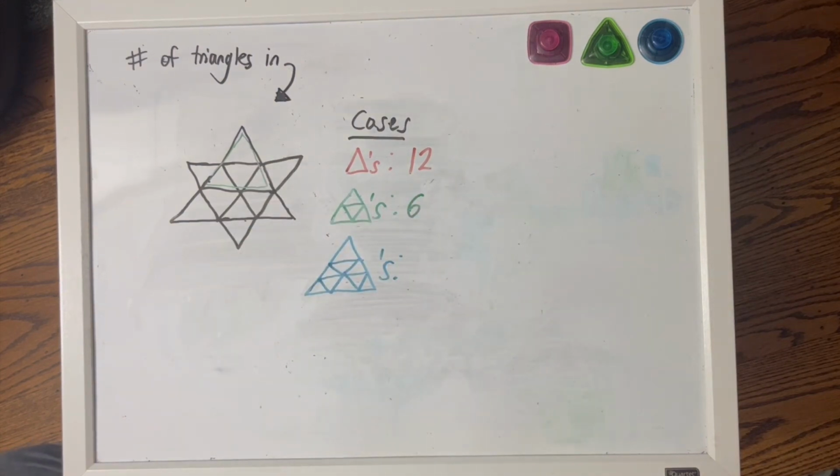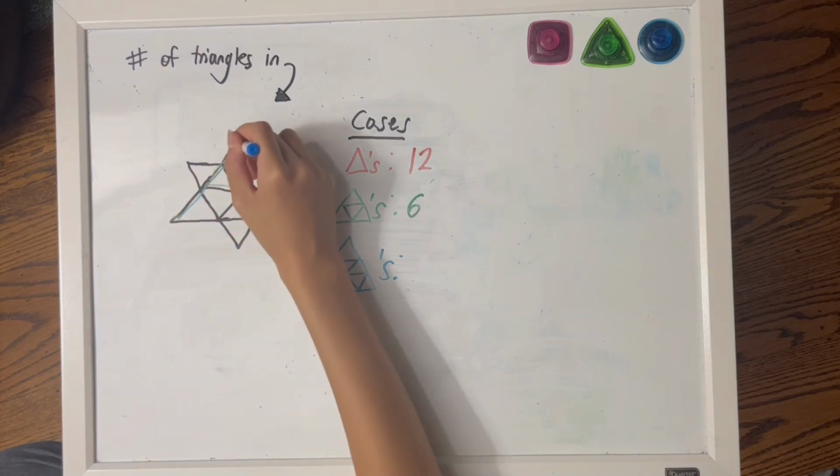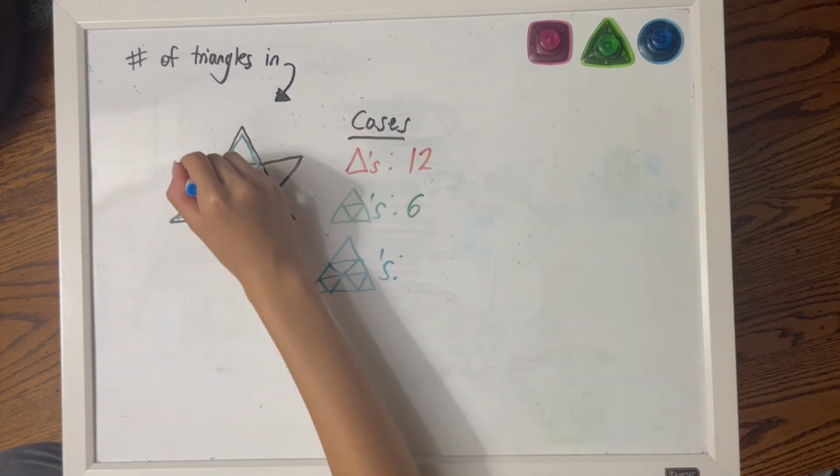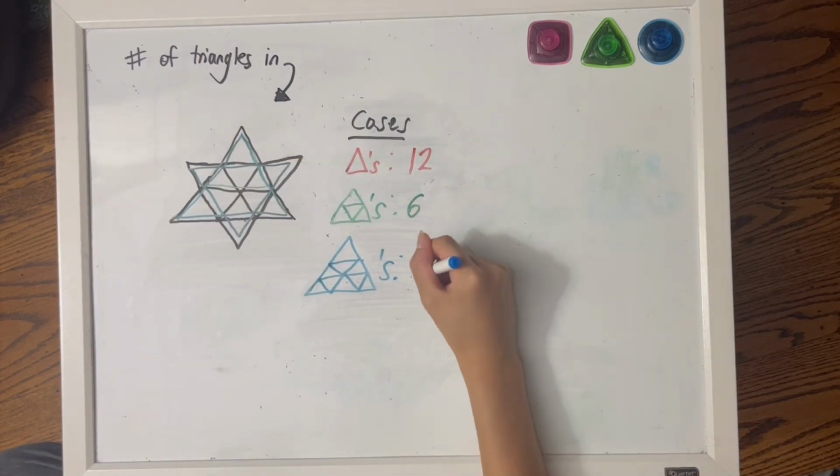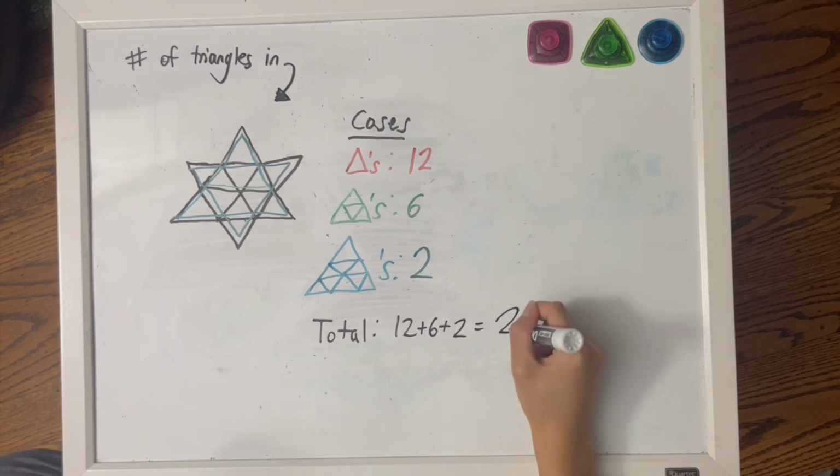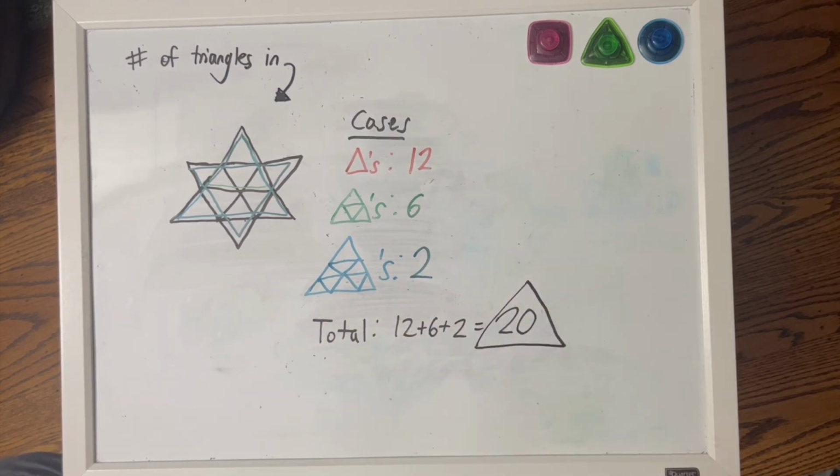Finally, for our biggest triangle, this one is actually a little bit hard to spot. The 3 corners of this triangle are made up of corners of the star. So there will be 2 of these that you can find in this picture. And if we add this up, there will be 20 of these triangles to find.